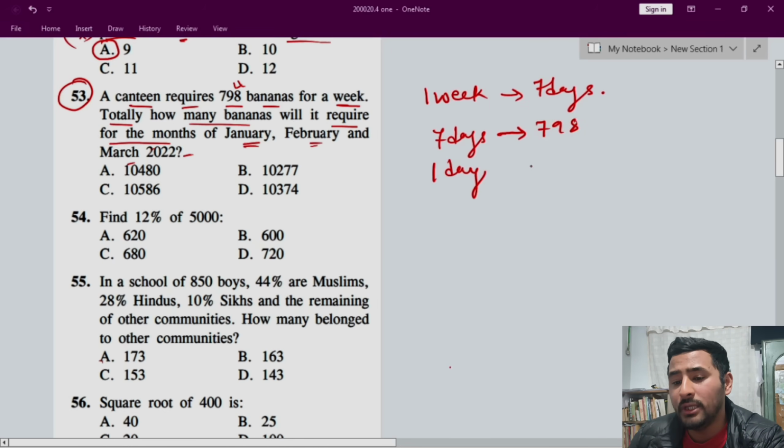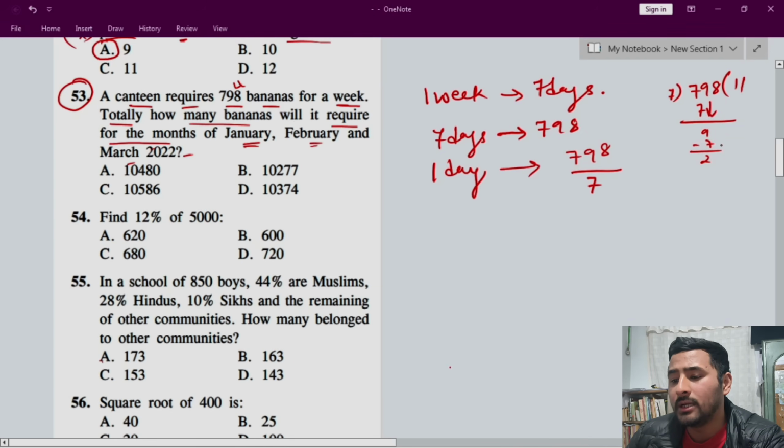For 1 day it will be 798 divided by 7. Do the division here on the rough side. 798, divide by 7. 7 1s are 7. Bring this 9 down, 9 minus 7 is 2. Bring this 8 down. 7 4s are 28. So we'll get 114.